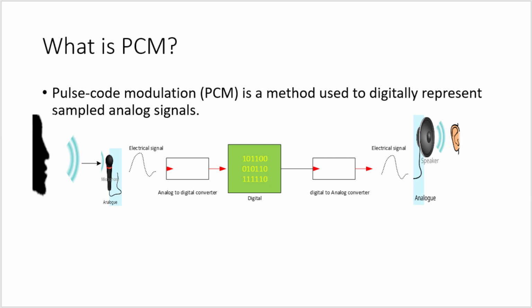It is a standard form of digital audio in computers, compact discs, digital telephony, and other digital audio applications. So PCM is a method of converting analog signal to digital signal by sampling, quantizing, and encoding. The technique is widely used in digital audio and communication systems due to its simplicity and efficiency.